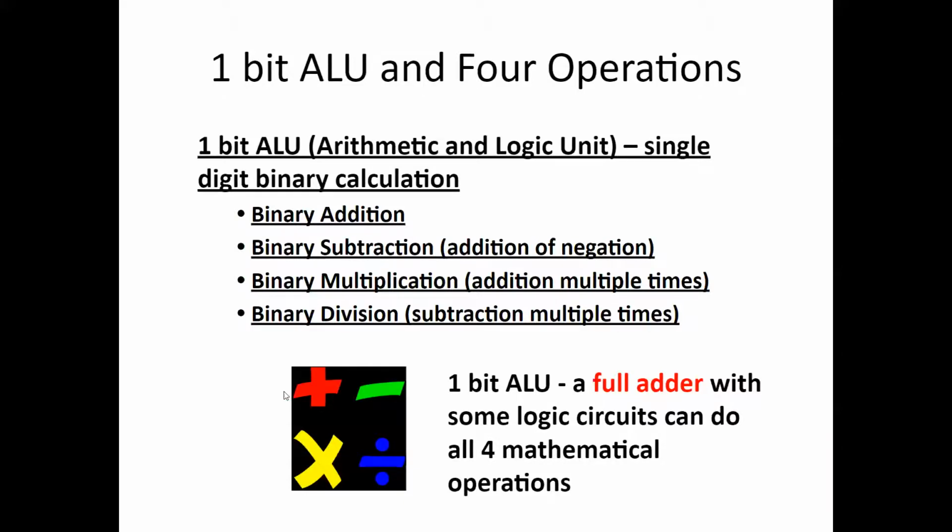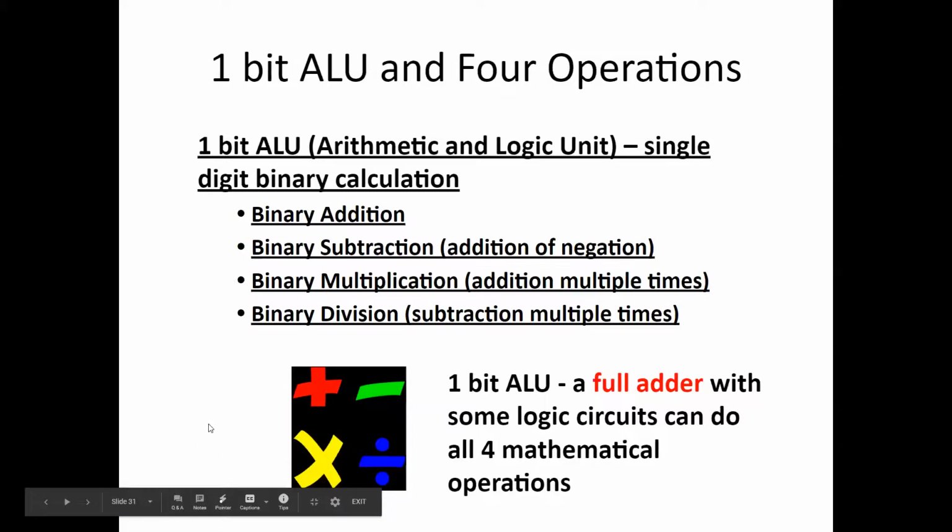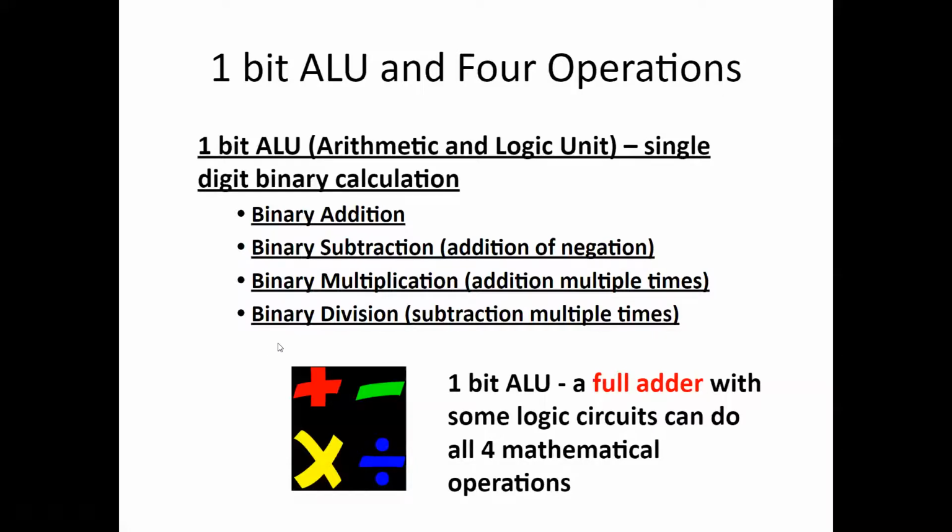The basic operation is adding 2 things together. Using this one operation, we can create subtraction, multiplication, and division. Subtraction is essentially addition of negation, so you're just adding a negative number.